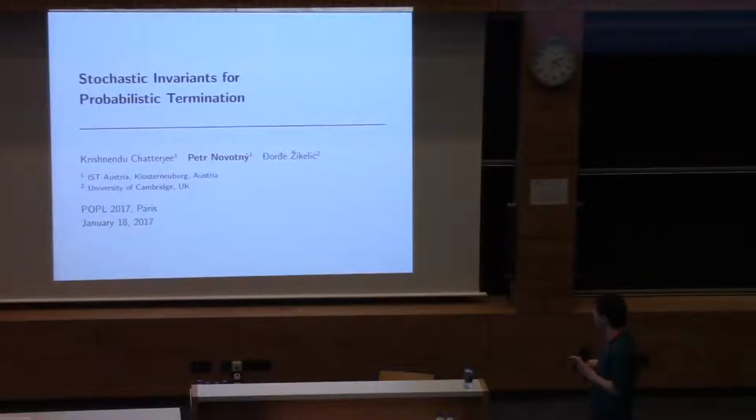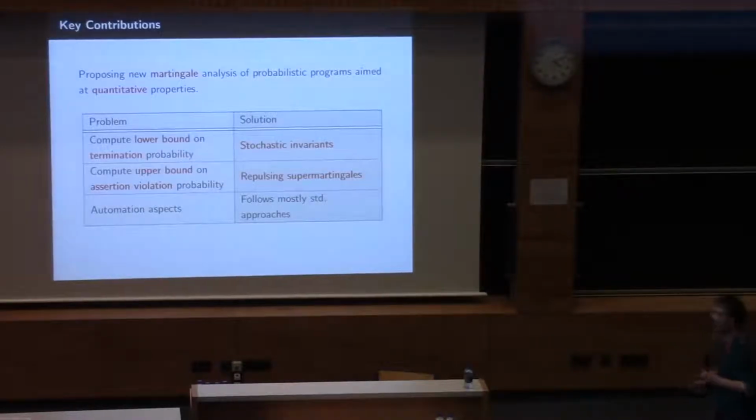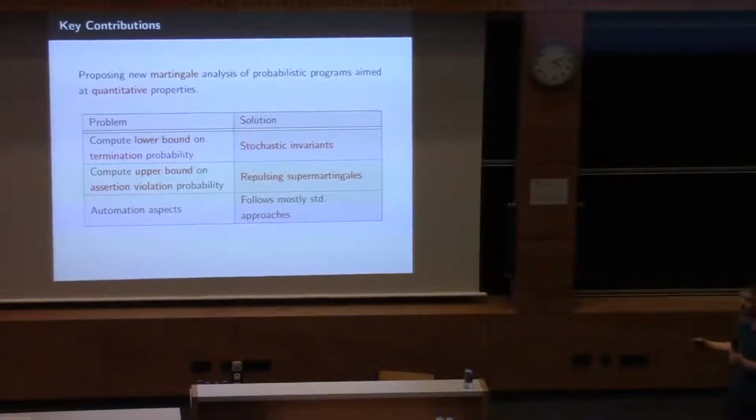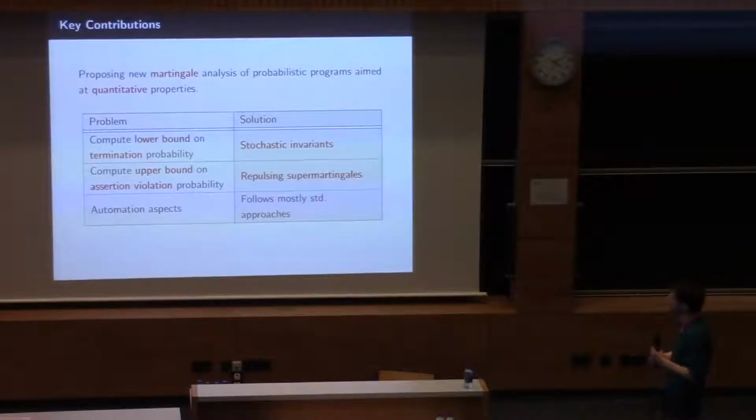The key aim of my talk is to present a certain set of theoretical tools that you can use to get some information on quantitative behavior of a certain class of probabilistic programs. The work we did has three main aspects.